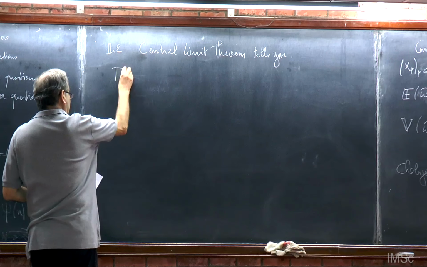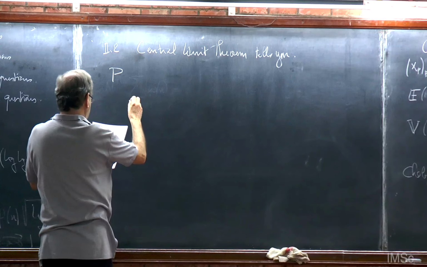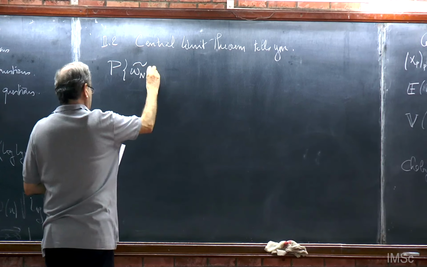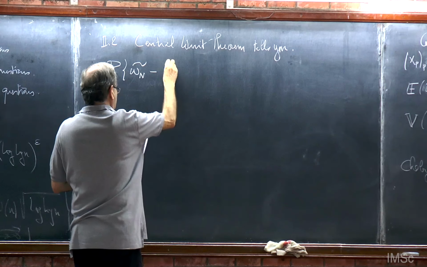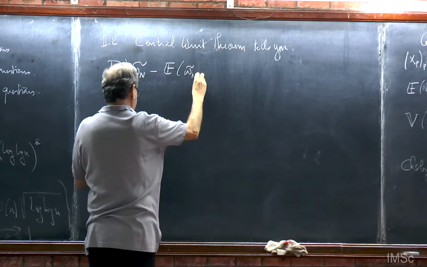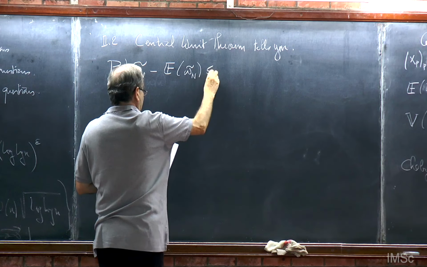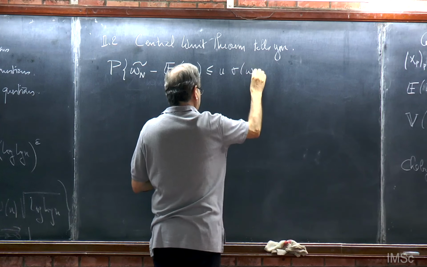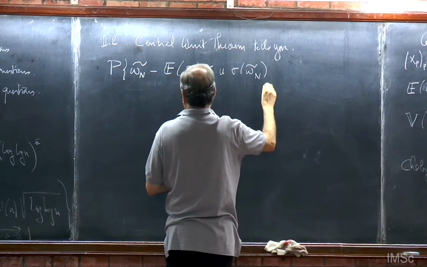And it will tell you the following, that the probability that omega n tilde minus e of omega n tilde is less than u times sigma of omega n tilde. It is more precise than that.